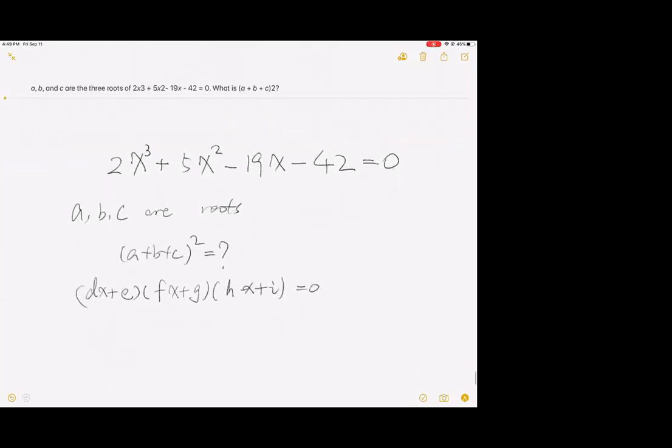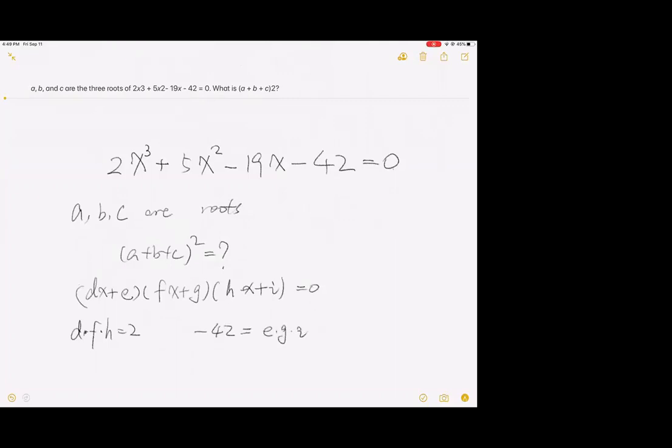So 2 is equal to d times f times h, and negative 42 is equal to e times g times i.